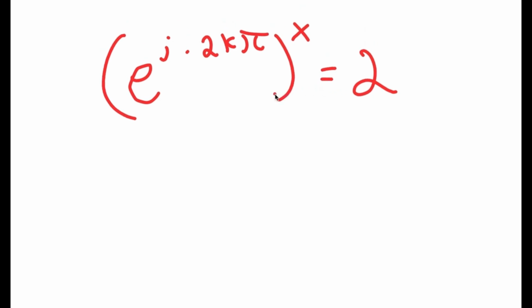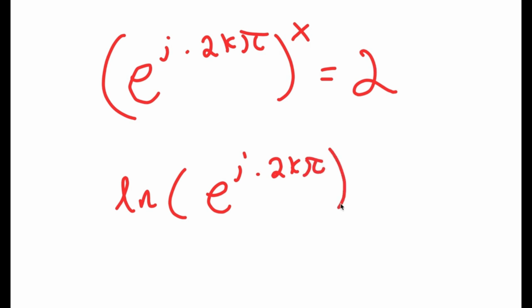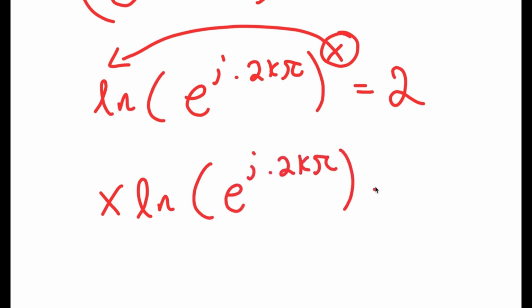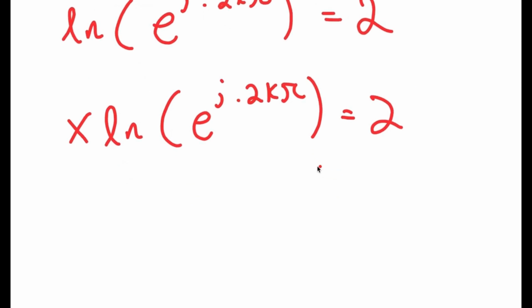And now, with this, I'm going to take the ln, or natural log, on both sides. So I have ln of e to the power of i times 2k pi, to the power of x, is equal to ln 2. So I'm going to now bring this x down using the property of natural logarithms. So I get x times ln e to the power of i times 2k pi is equal to ln 2.